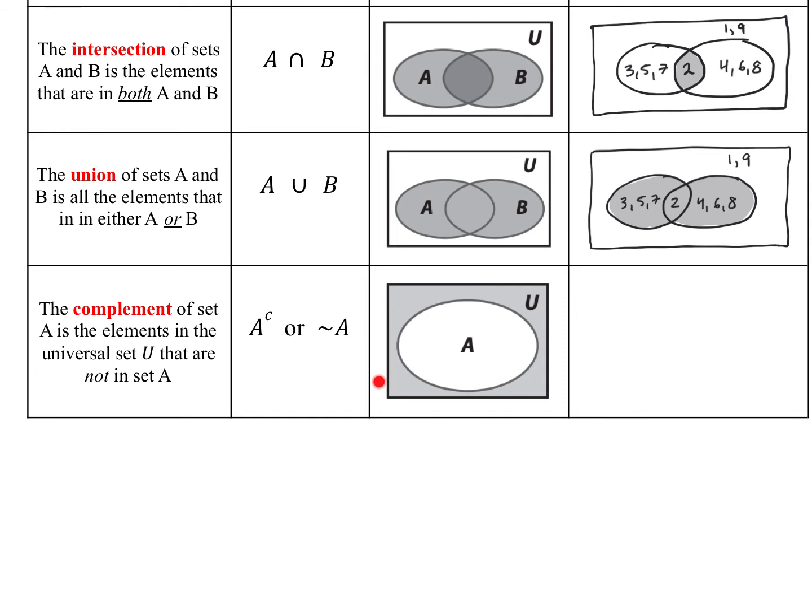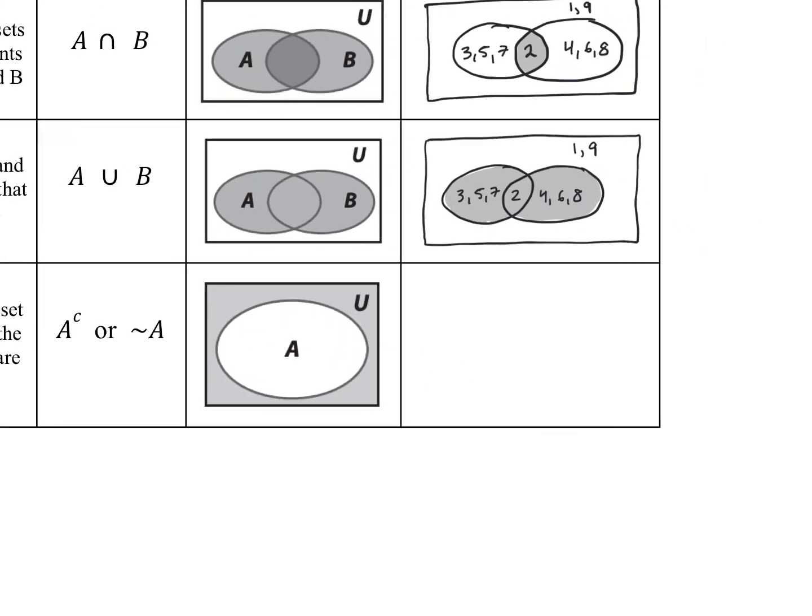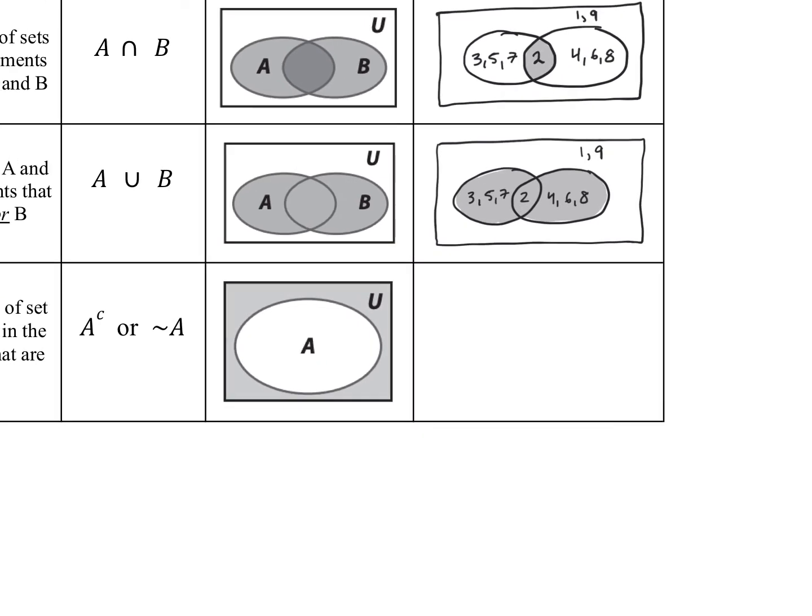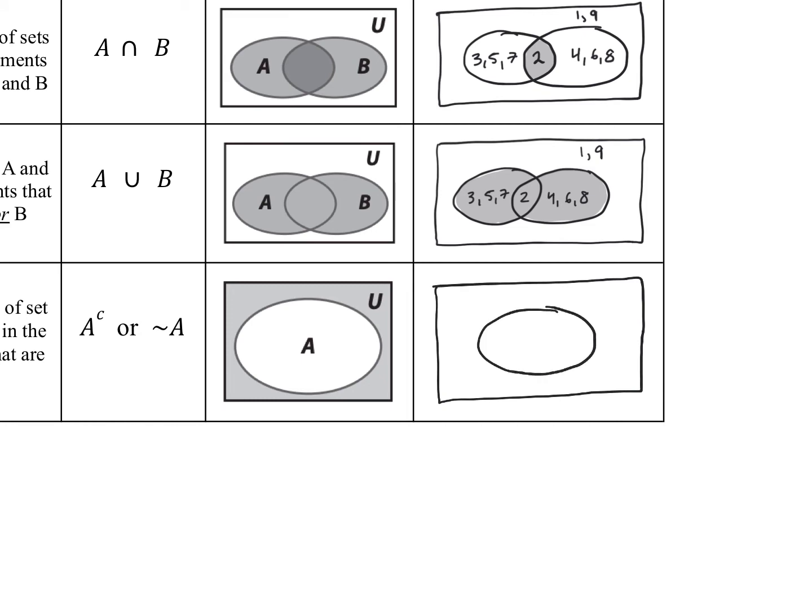So in terms of our Venn diagram, you can see the shaded part that's on the outside would represent the complement of A. So it's all of the parts that are in the universal set but not part of set A. So our complement here, we know the numbers in set A are 2, 3, 5, and 7.